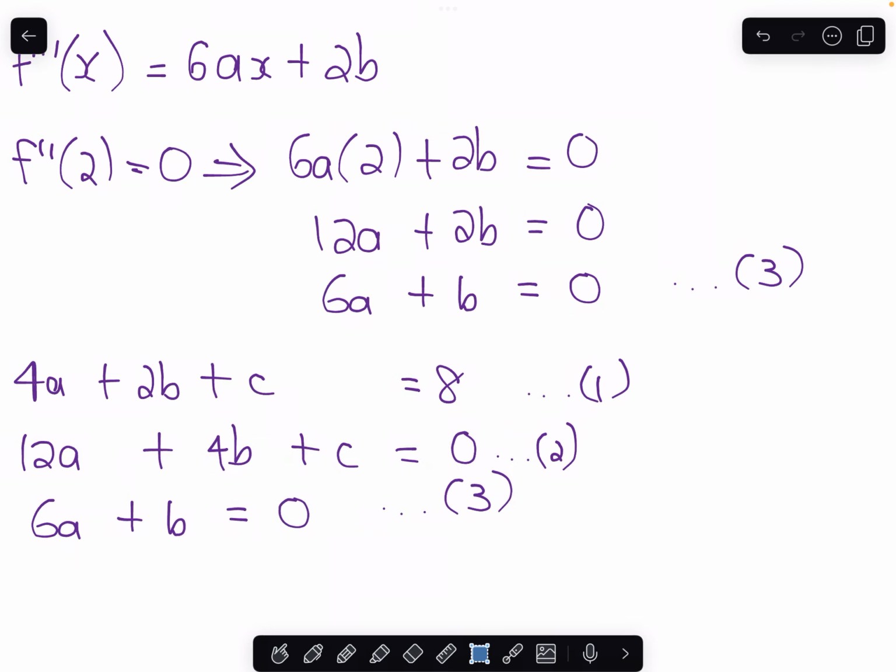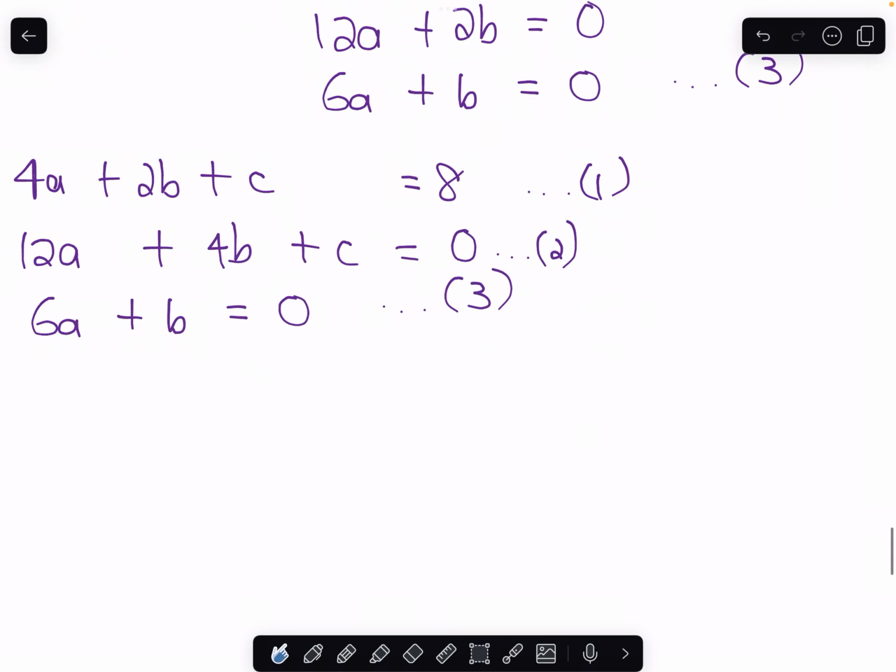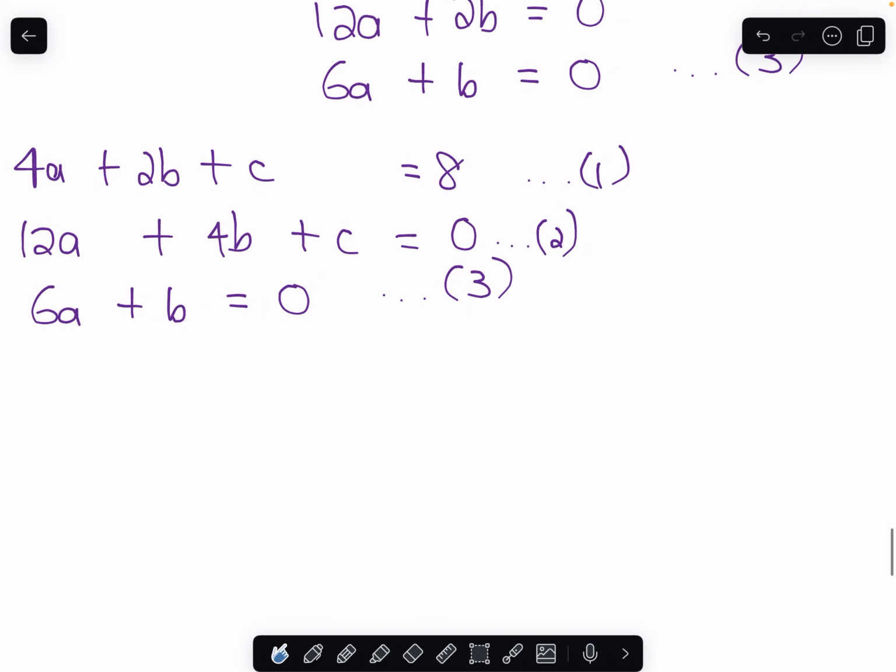Okay, so first of all, of course, you know by now, if you've watched other videos of mine, that I am a fan of the elimination method. I can see that I can quickly eliminate my c's. So I'm going to say equation number 2 minus equation number 1.